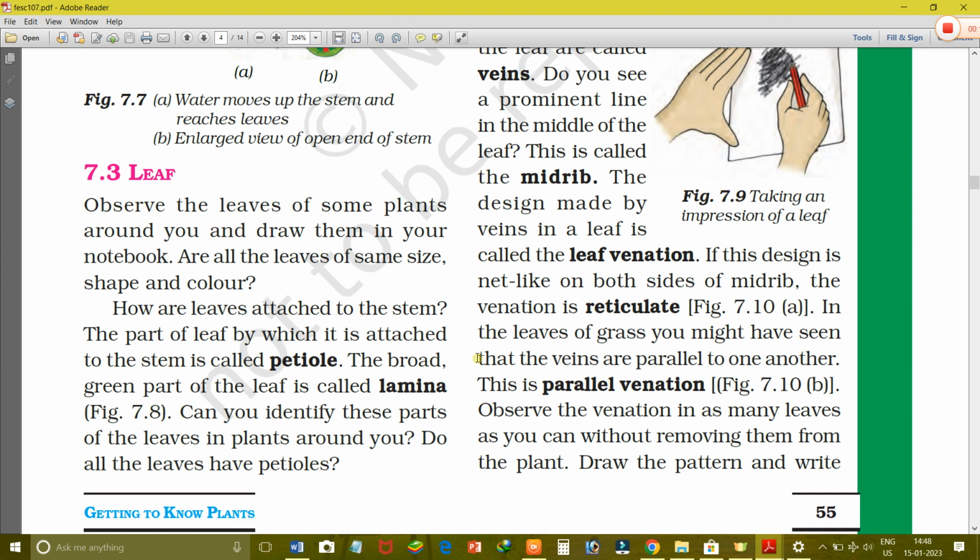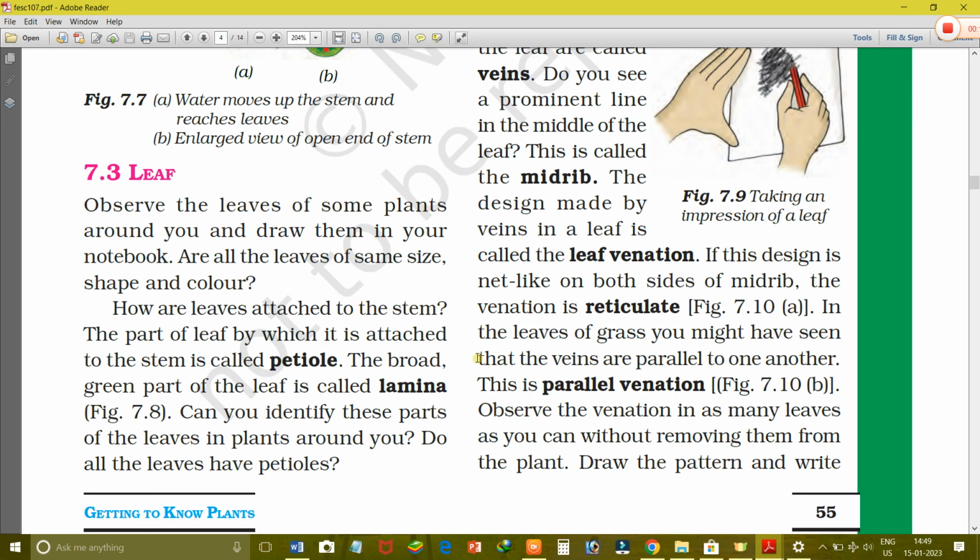In leaves of grasses, you might have seen that the veins are parallel to one another. This is parallel venation. Observe the venation in as many leaves as you can without removing them from the plant.